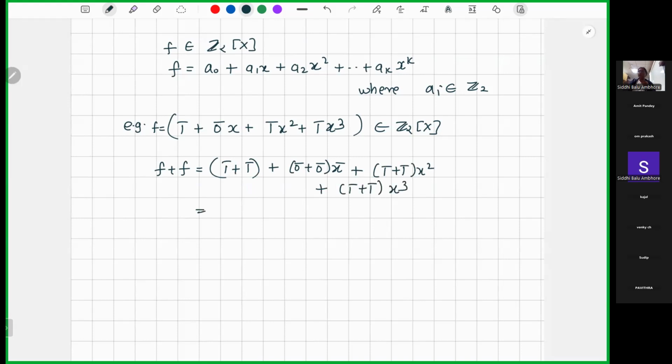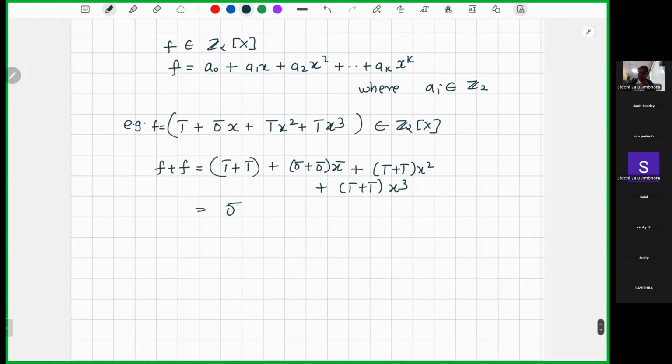And this 1 bar plus 1 bar is 0 bar, which is 0 in my Z2. So this is 0 bar plus 0 bar x plus 0 bar x square. Again, this is anyway 0, so it doesn't matter. And here, this is 0 bar x cube. So this is nothing but 0 bar, which is my identity of the group. Is this okay?